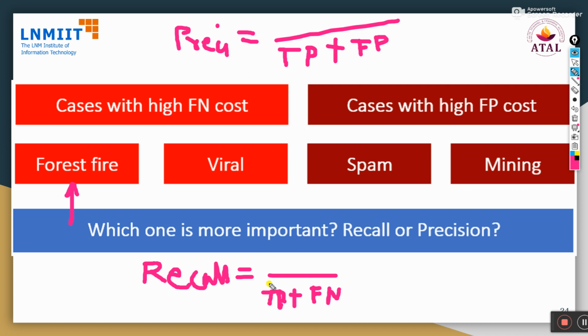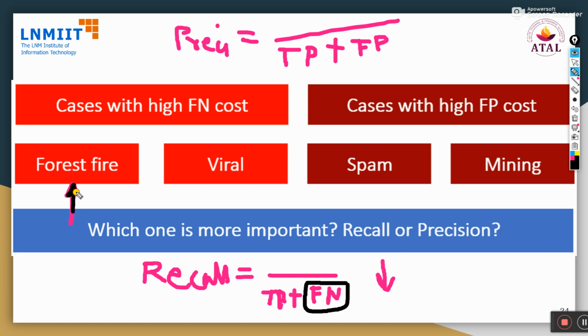So now if false negative is high, recall will be low. Is that true? Recall would be the reality.